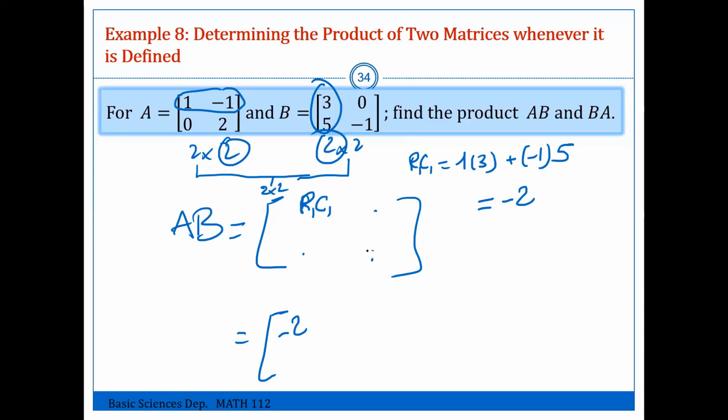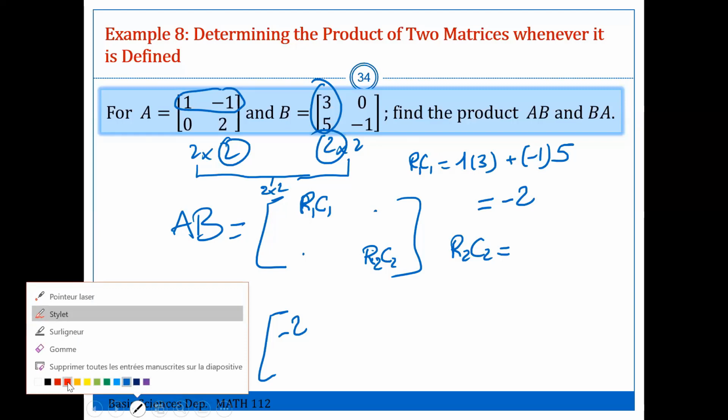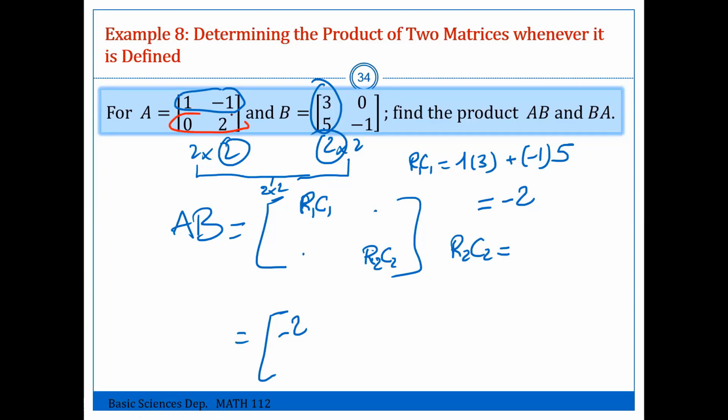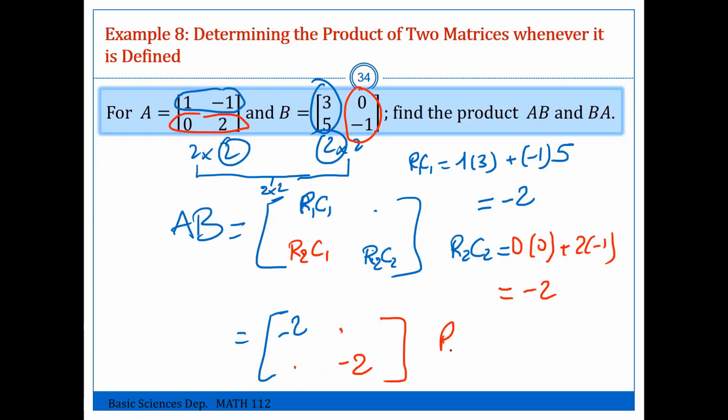What about this element, for example? Row 2, column 2. So how do we compute row 2, column 2? So 0 times 0 plus 2 times negative 1. So here also negative 2. You can compute any element you want. This element, row 2, column 1.